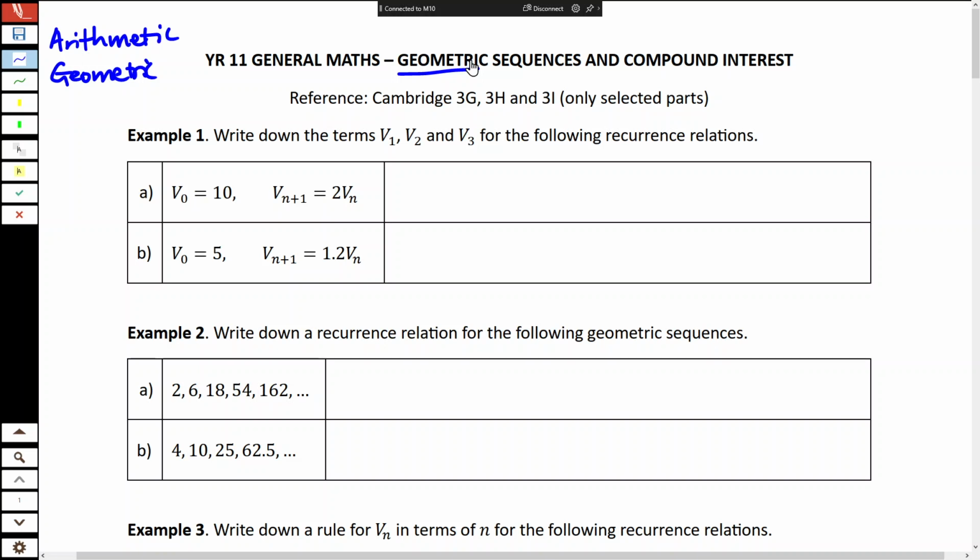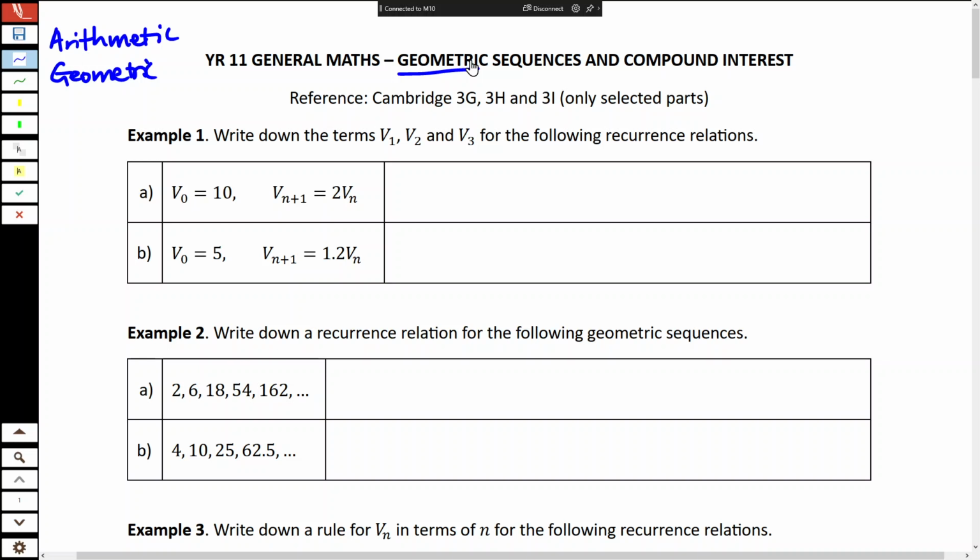So it's a good idea at this point, before we continue, to remind ourselves what's the difference. So arithmetic sequences and geometric sequences, there's a very important difference between the two. And if you don't know it, you'll mix them up next week.